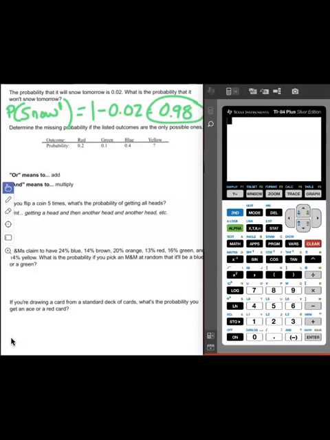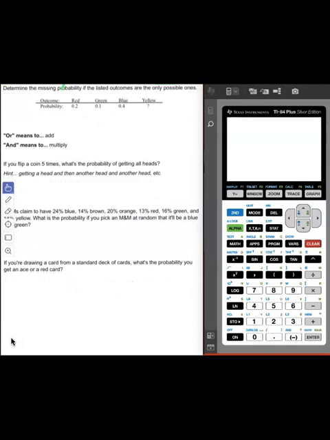Okay. Then we had these, or this is another example of what we just talked about. So determine the missing probability if the listed outcomes are the only possible ones. Well, what that means is we take a look at what we have so far. We have 0.2 plus 0.1 plus 0.4.